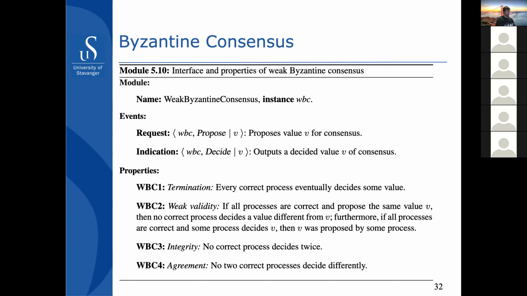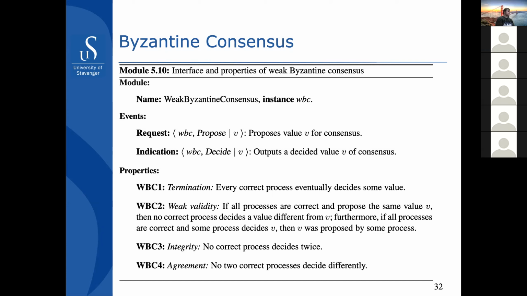The usual requirement is that you must have more than 3F+1 processes in the network to tolerate F failures.